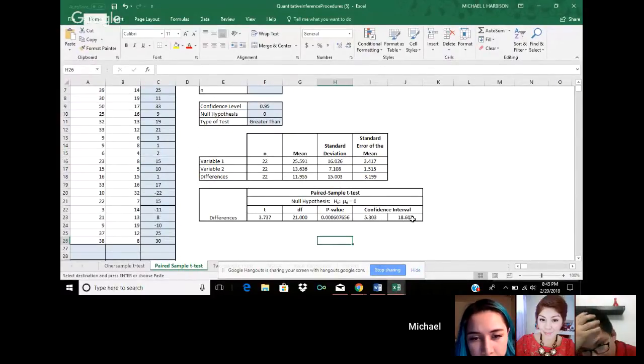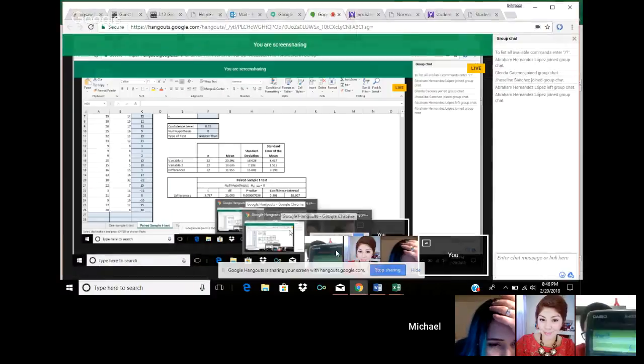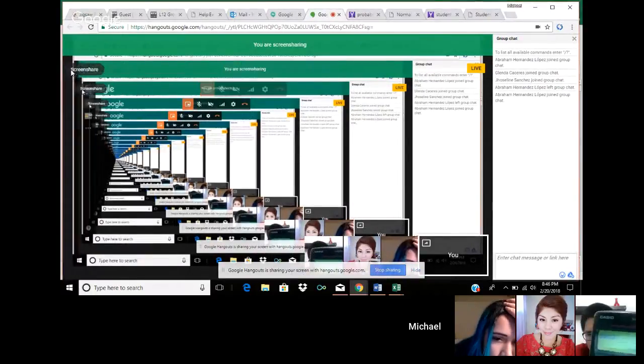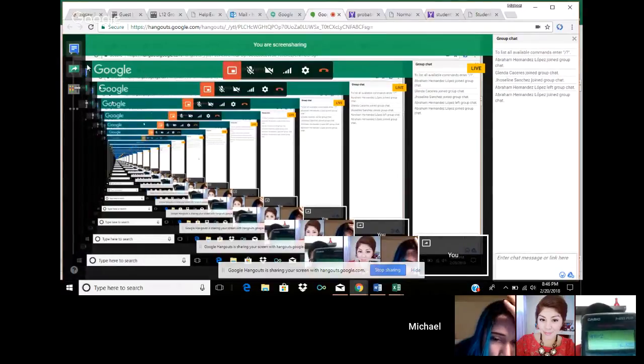You take the higher one minus the lower one, and then you divide it by 2. And you should get a number of 6.652. And that is the point estimate? Yes. Okay.